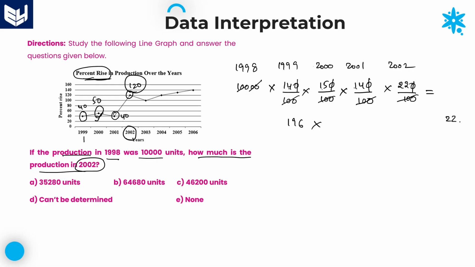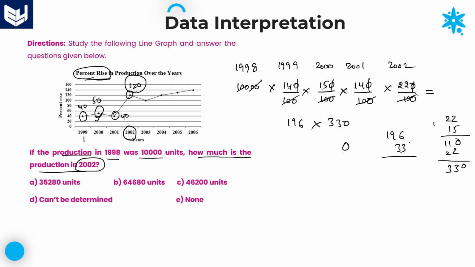What is 22 into 15? It is 330. Now the product of these two is our required answer. The ending value is 0, so you just calculate 196 into 33.